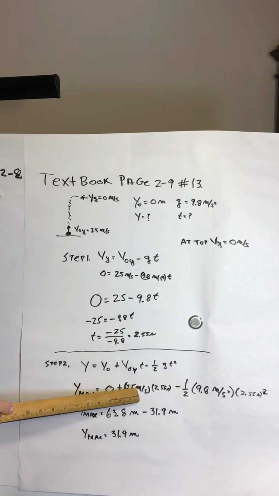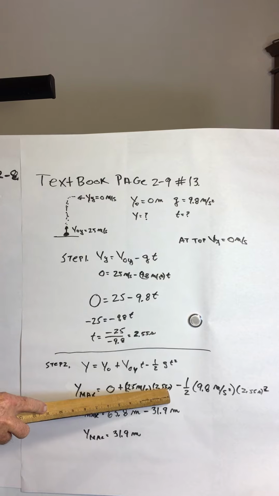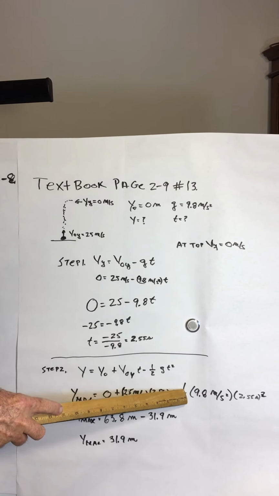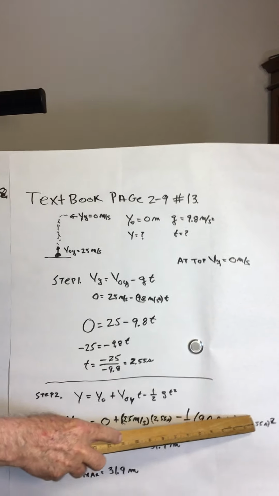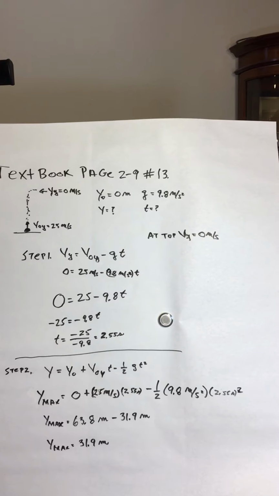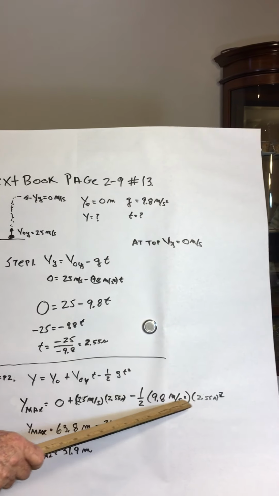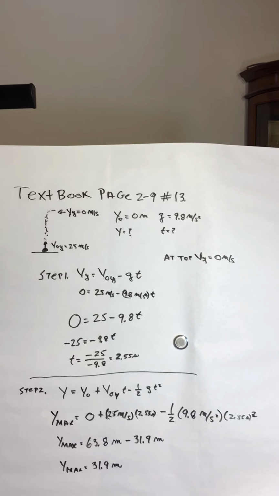It started out at 25 meters per second. We now know it took 2.55 seconds to get up to the top. One half, 9.8, that's the value of g, times 2.55 seconds squared. And you go through the calculation and you work it out, and it comes out to about 31.9 meters.